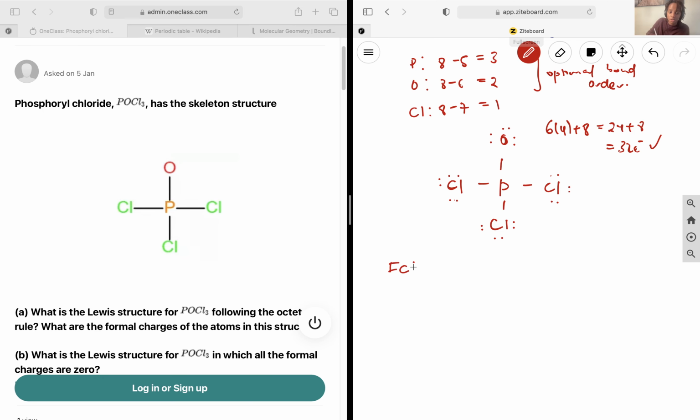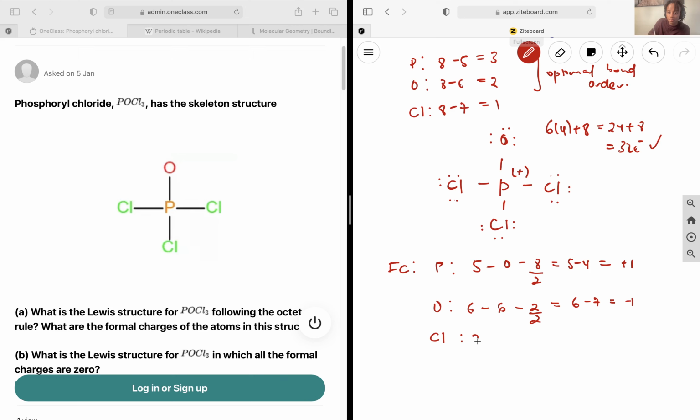For the phosphorus, we have 5 minus 0 minus 8 over 2. That's 5 minus 4, giving us a positive 1. So the phosphorus is going to have a positive charge. Let's double check on the oxygen. We'll have 6 minus 6 minus 2 over 2. That's 6 minus 7, giving us a negative 1.